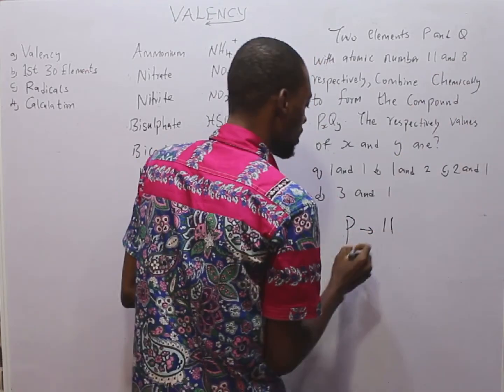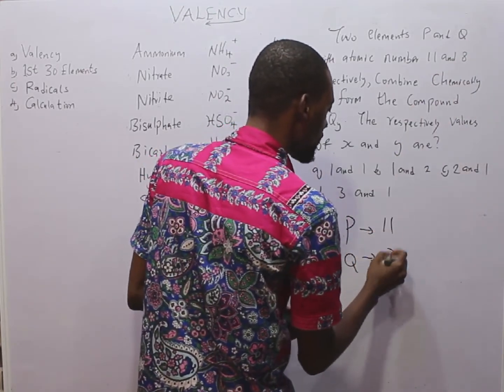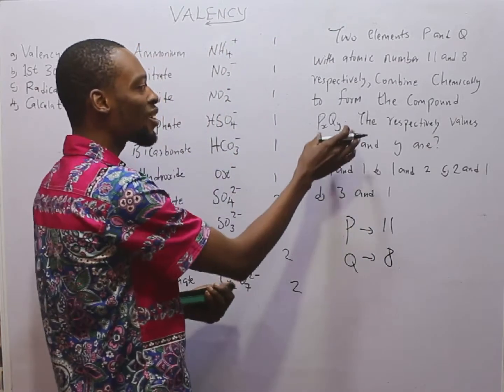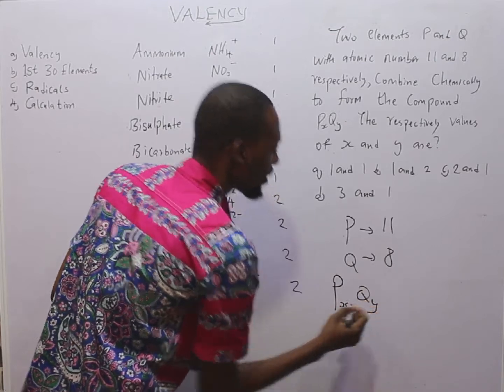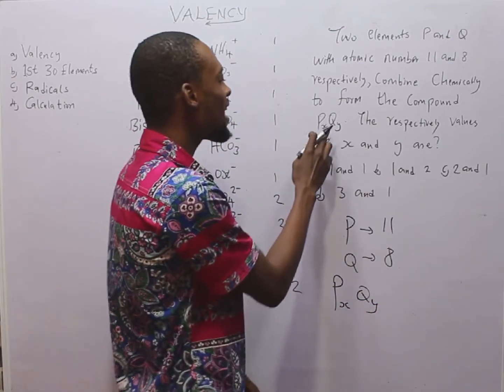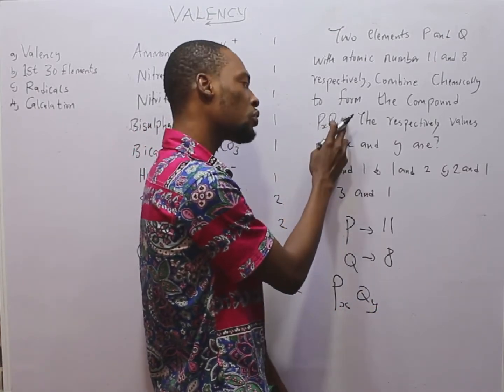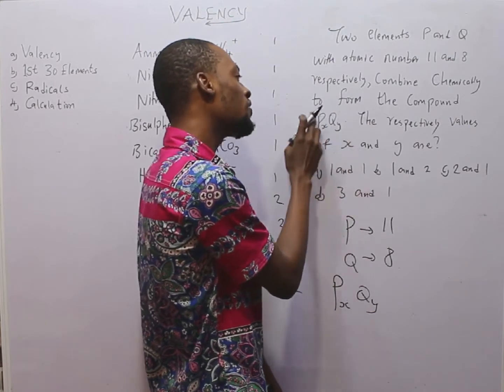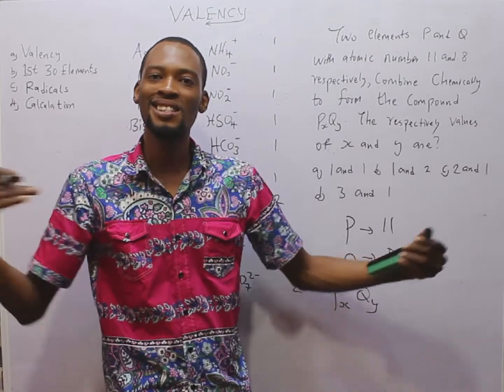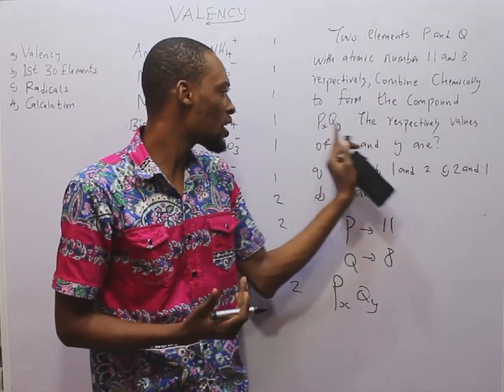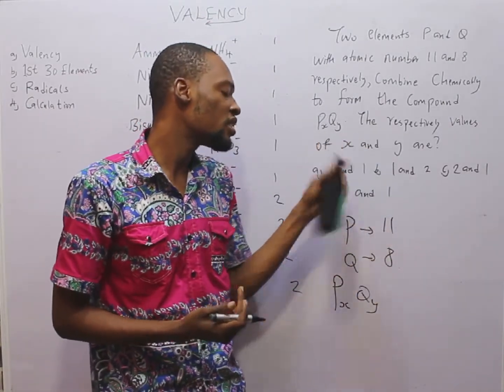Element Q has atomic number of 8. Now, after they combine, they form Ps and Qy. In this case, s will be the valency of Q and y will be the valency of P. Because after combination, there is exchange of valency.